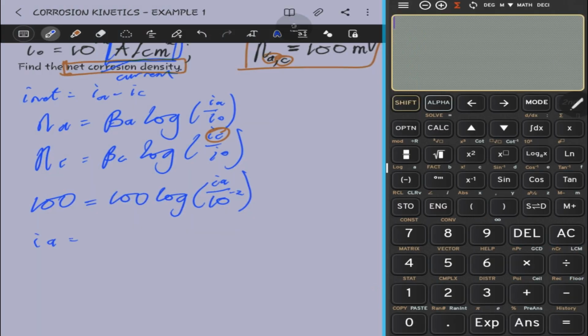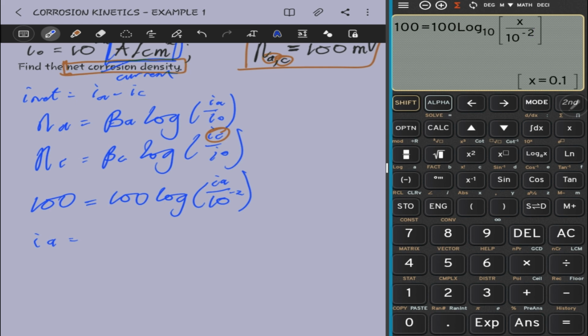So we have 100 equal to 100 times log of x over 10 to the power minus 2. This gives us the anodic current density, 0.1.